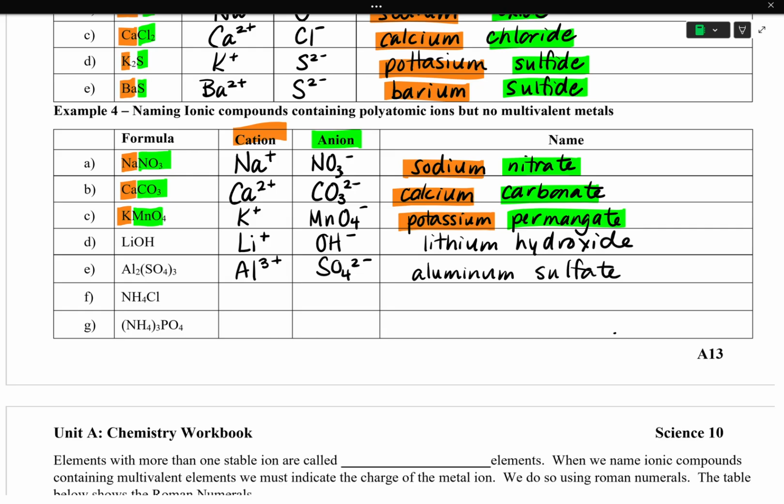Ooh, this one's a little bit trickier. We have a polyatomic. This is the only positive one we have. That is ammonium. And then chloride, Cl negative. So now this is ammonium chloride.